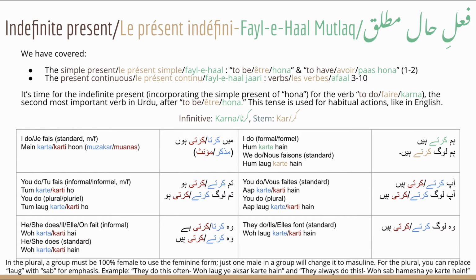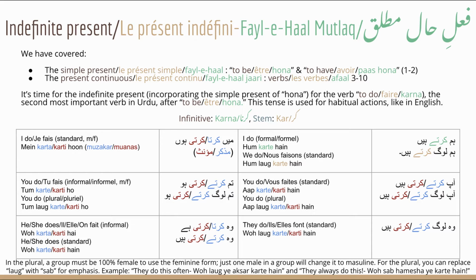Now it's time for the indefinite present, which of course incorporates the simple present of hona. And in this chart, we are using the verb to do, karna, the second most important verb in Urdu after to be hona.